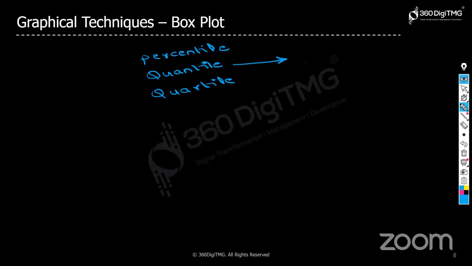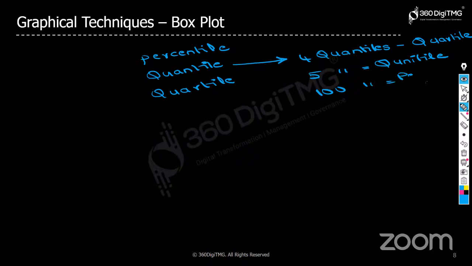When we are having 4 quantiles, that is called a quartile. When we have 5 quantiles, that is called quintile. When we have 100 quantiles, it is called percentile.